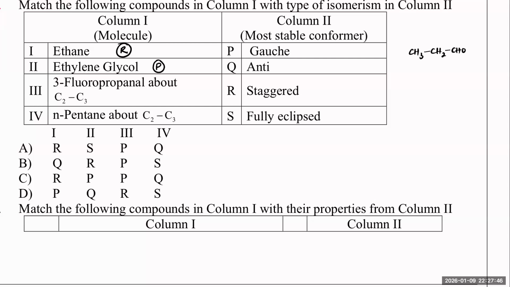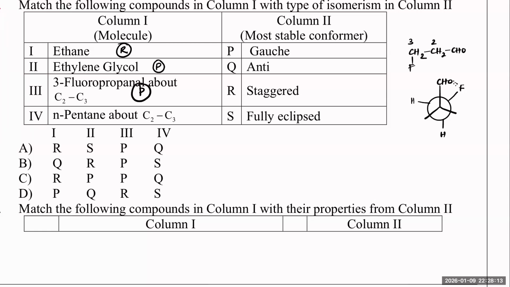This is what we have. And here we have fluorine, correct, like this. And you're writing between 2 and 3. So basically on the second position we have two hydrogens and one CHO. And the back position I can have fluorine and two hydrogens. So obviously it can show hydrogen bonding in the gauche form. So which is more stable again? P. P is more stable.